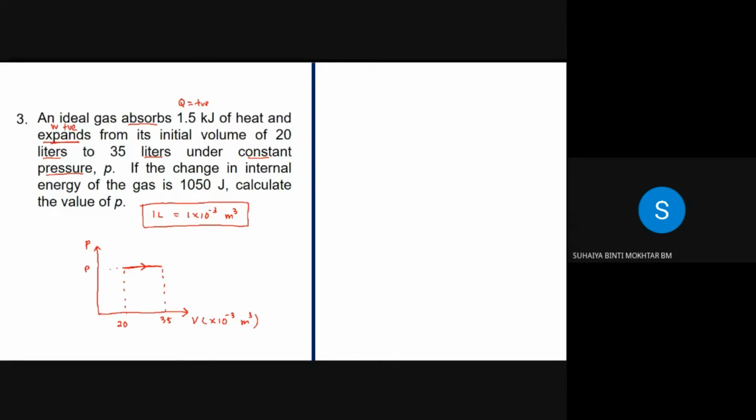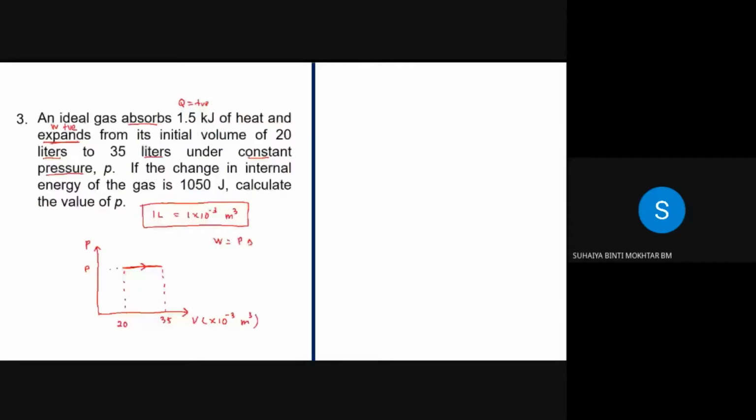We have Q, so we can get an equation. We can calculate work done first. For isobaric, work done W equals P delta V, so use the equation P delta V. But we don't have the value of work done, and P has no value. Delta V we have.